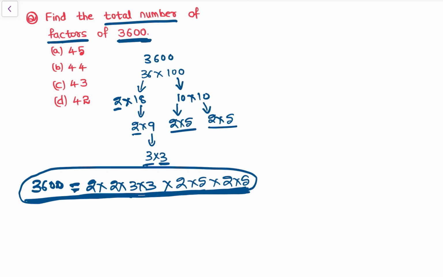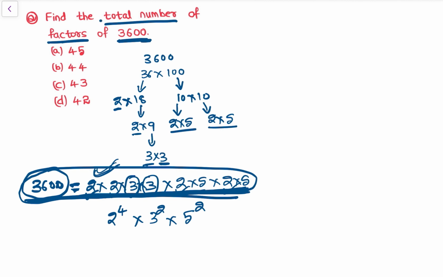So basically what we have done is prime factorization. We broke down this number into prime numbers. Now count the 2s: 1, 2, 3, 4. That is 2 to the power 4 into 3 square into 5 square. That is what we are getting.